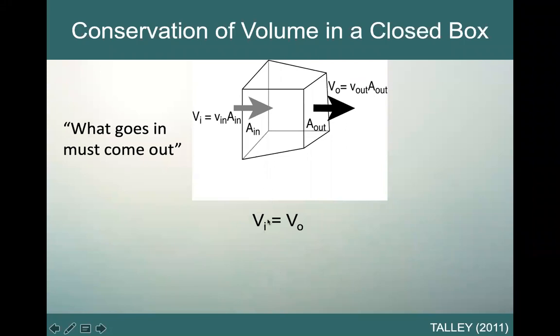So now our volume in is equal to our velocity in times our area in, and our volume out is equal to our velocity out times our area out. And this gives us our conservation of volume in a closed box. This may seem pretty simple.